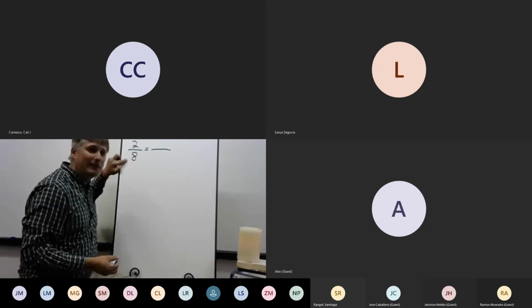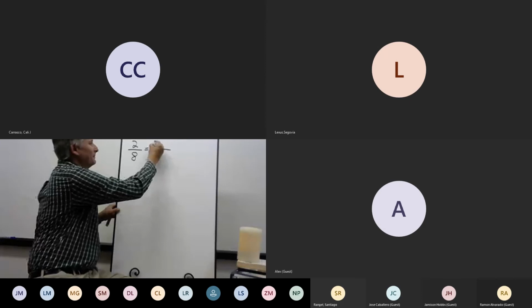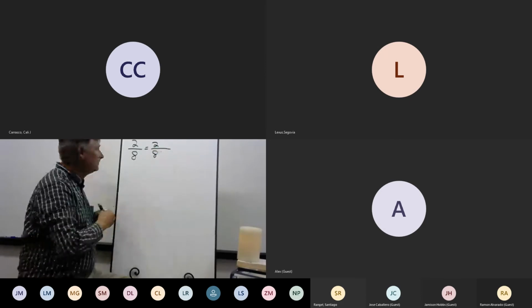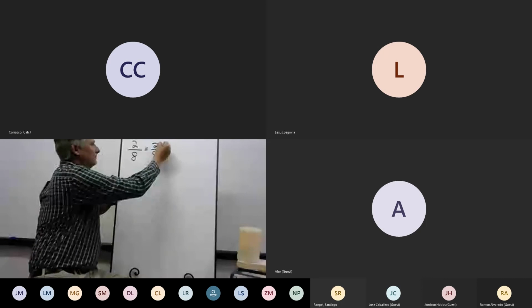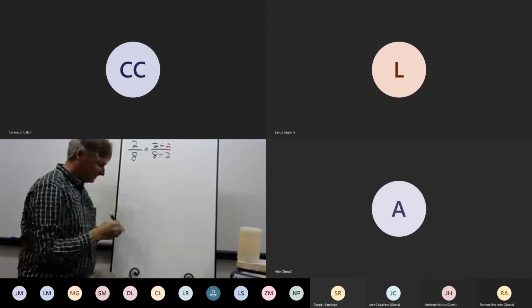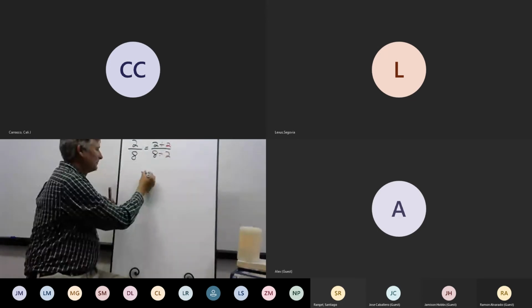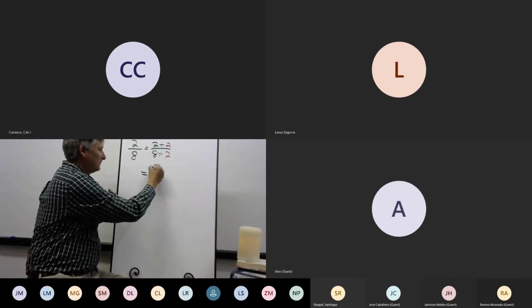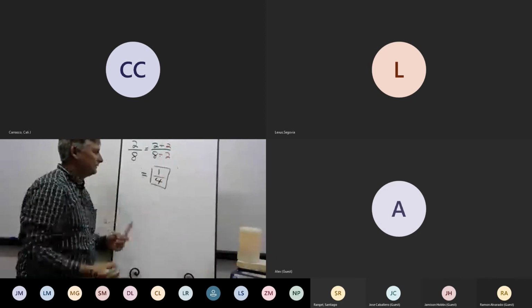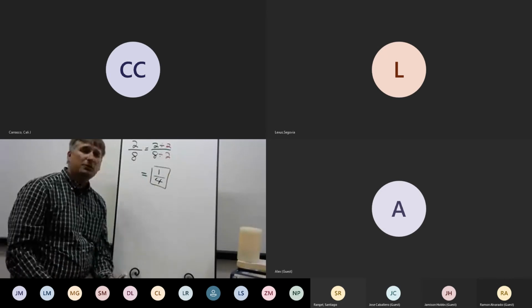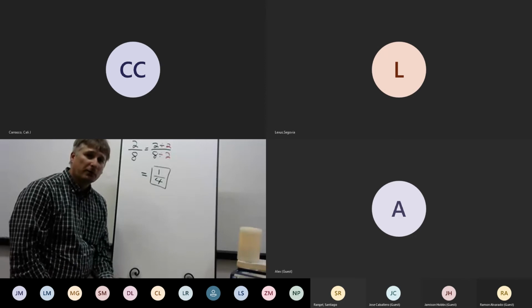I can also divide that by 2. And so using this other approach to reducing fractions, we can reduce 2/8 into 1/4.